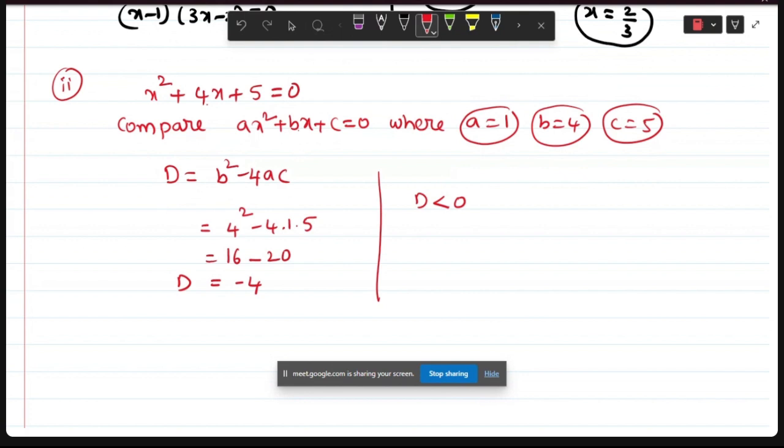The discriminant is a negative number, so the roots are imaginary, no real roots. Therefore, the roots do not exist. If there are real roots, we need to find their values. If there are no real roots, there is no need. Just write that the roots do not exist.